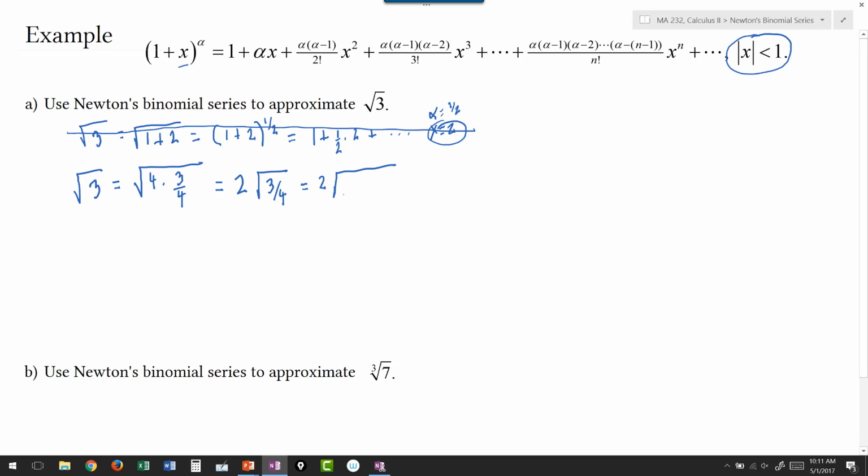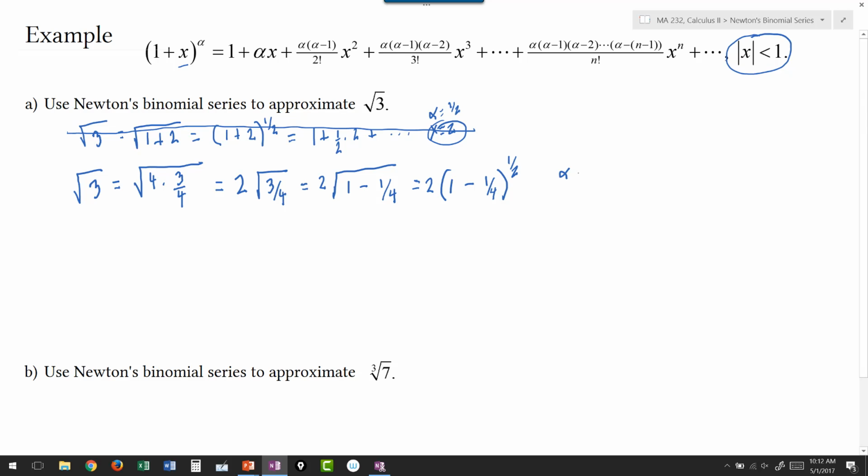Inside the square root, I can write 3/4 as 1 plus or minus something that is less than 1. I have 1 minus 1/4 now, so this is 2 times 1 minus 1/4 all to the 1/2.